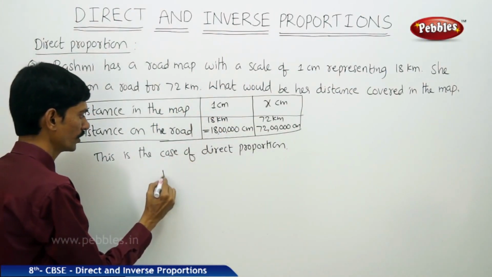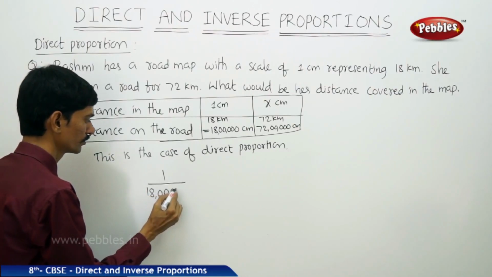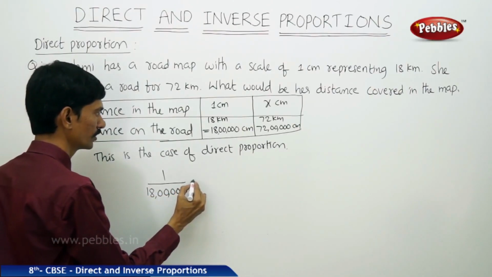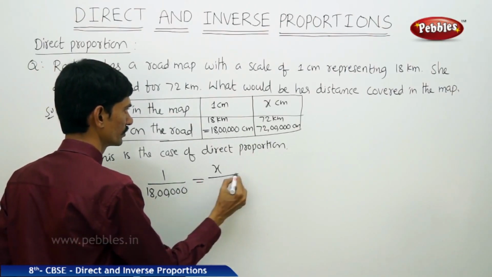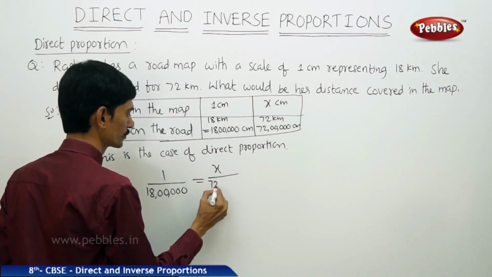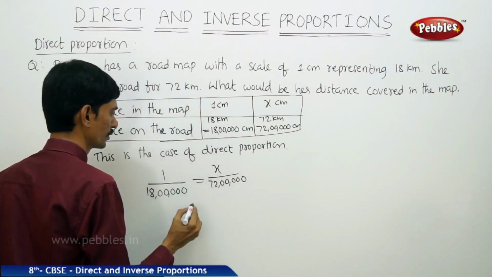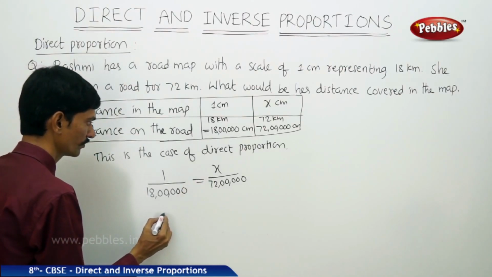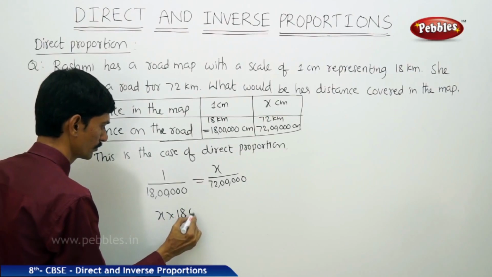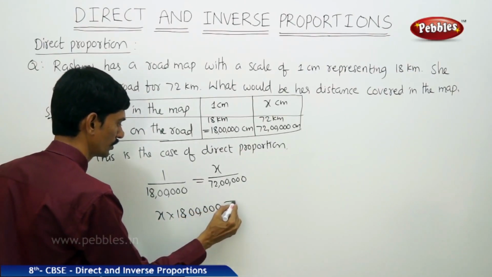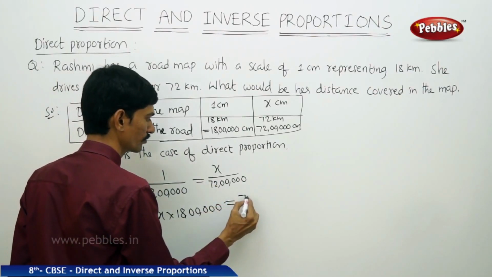So here we can write that 1 by 18 lakh equals x by 72 lakh. Now by cross multiplication, x into 18 lakhs equals 1 into 72 lakhs.